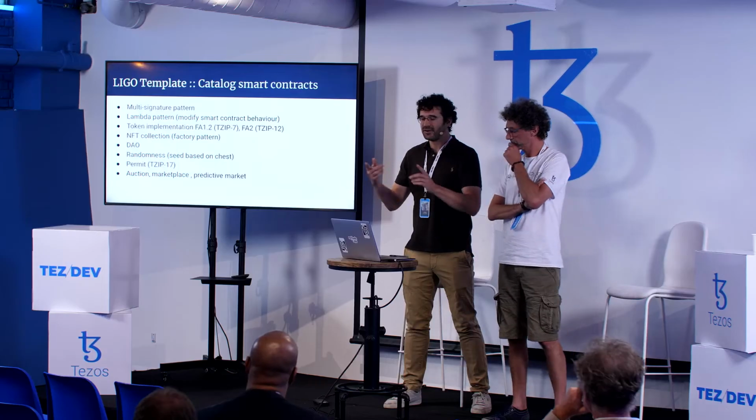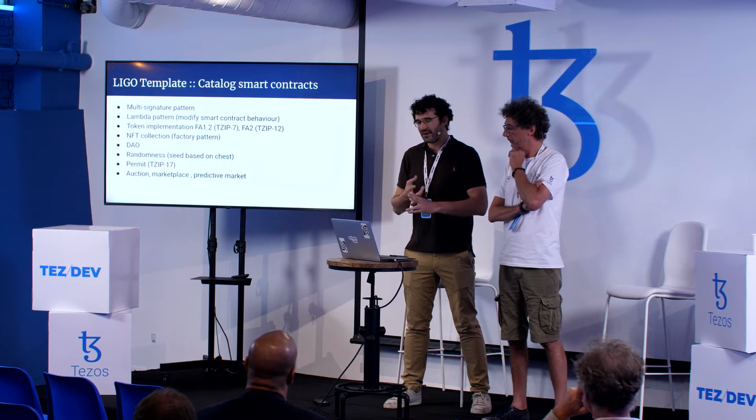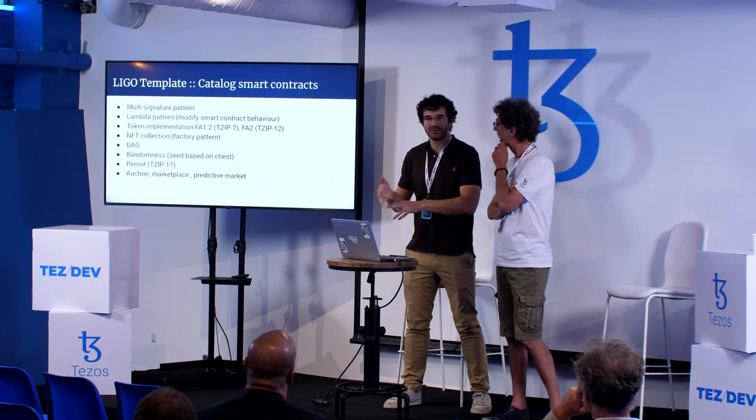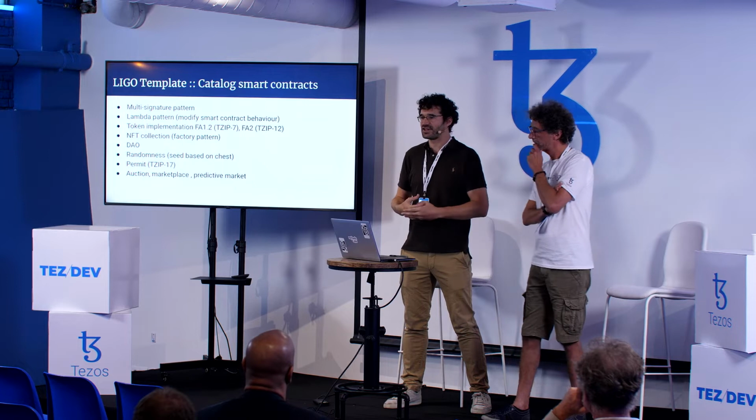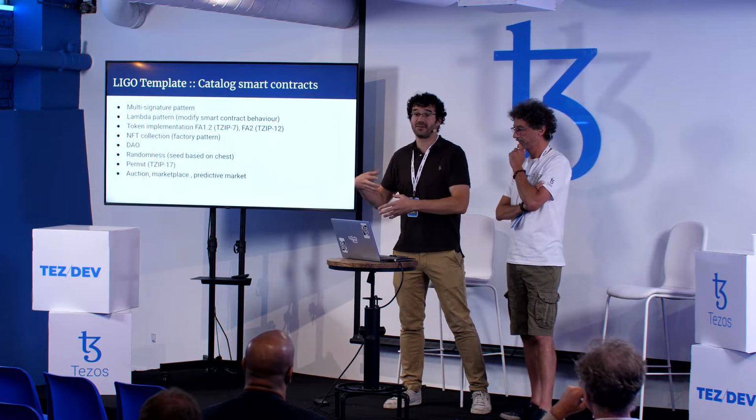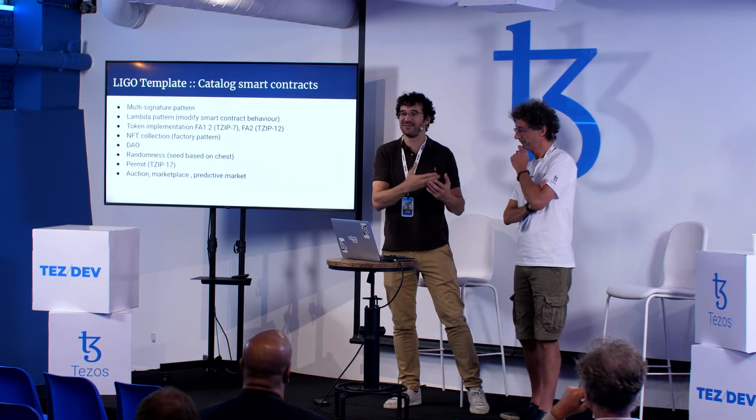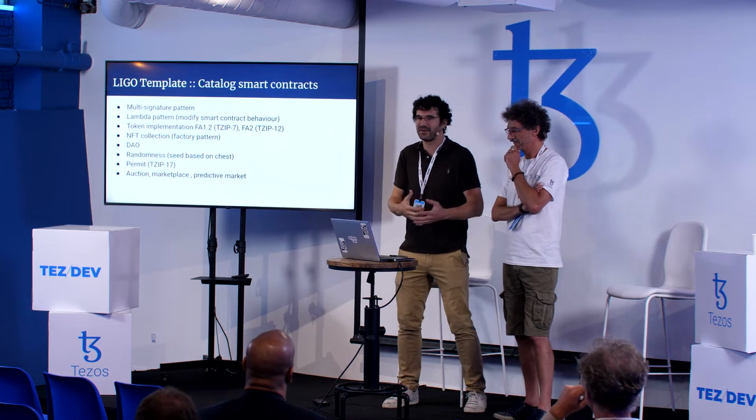As examples, we are implementing basic smart contracts, multi-signature, and the lambda pattern. I mean, how to do versioning and change the behavior of a smart contract that has already been deployed. This is not supposed to be done, but it can be done if someone is admin of the contract, and often the clients want to change.